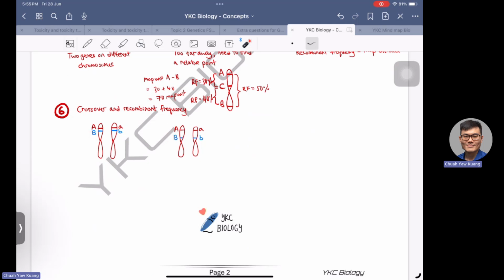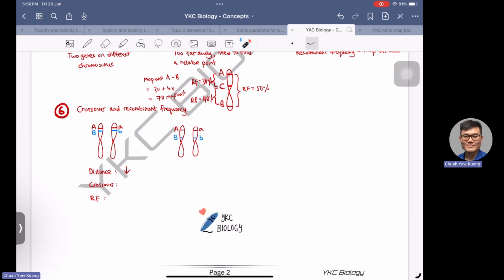If the genes are very close to each other, the distance is too short. We look at the distance, then the crossover, and then the recombinant frequency. If the distance is very short, then the chances of crossover separating the alleles are low.